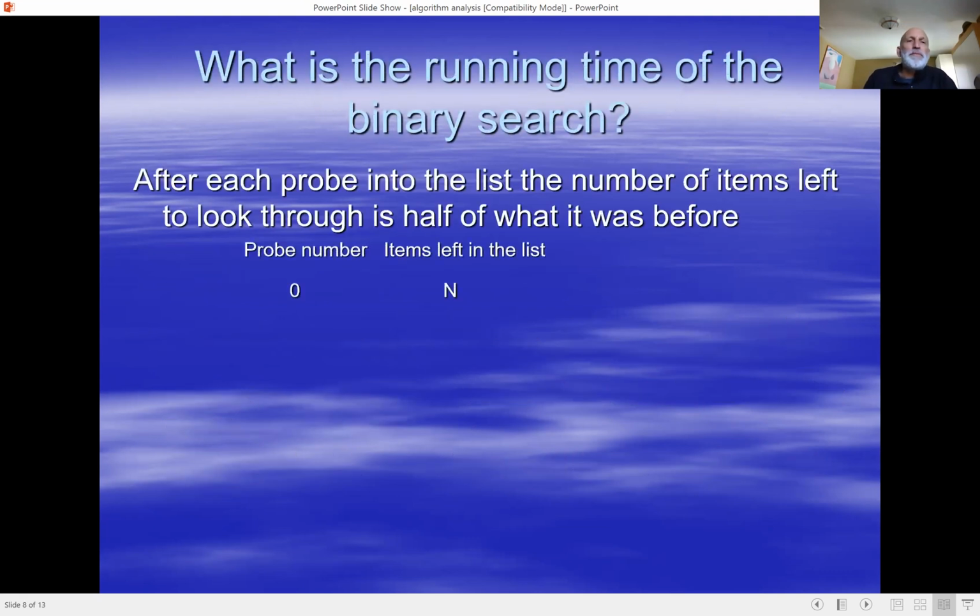Well, let's say we have n items in a list and we have yet to probe the list. No probe. We haven't looked into the list to say, is that what I'm looking for? Yes or no? So the first time we probe into the list, what happens? After one probe, you've eliminated half the list, and what you have left is half the list.